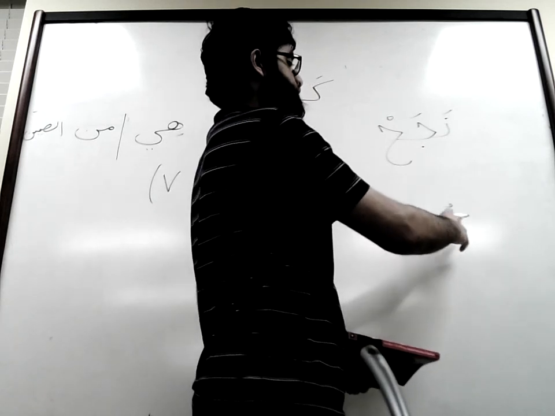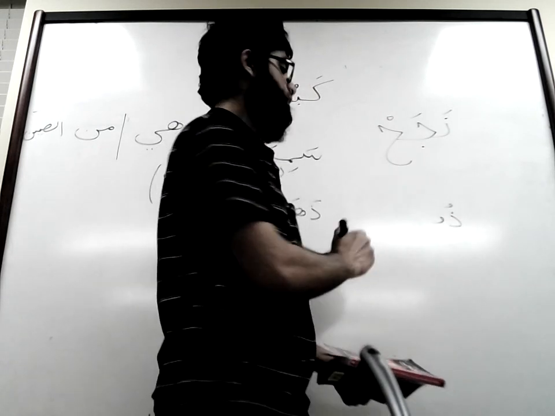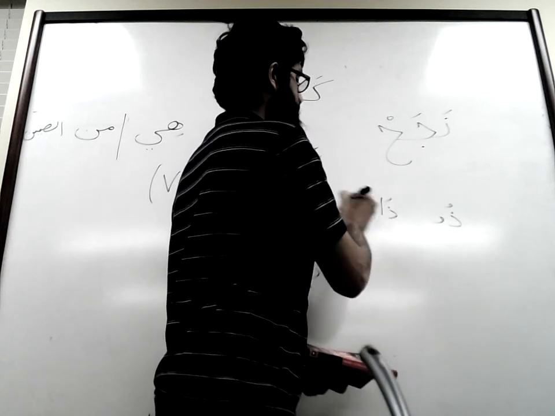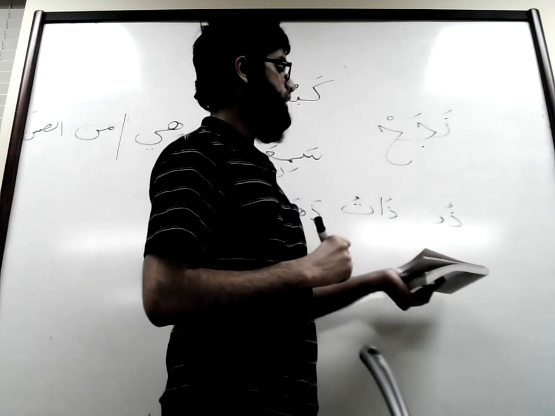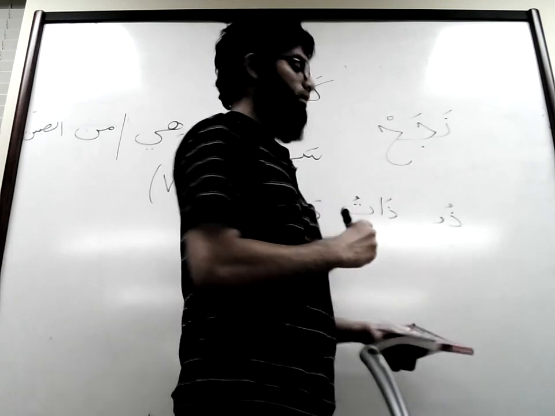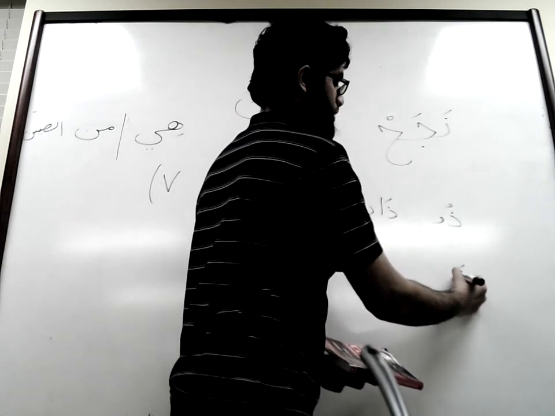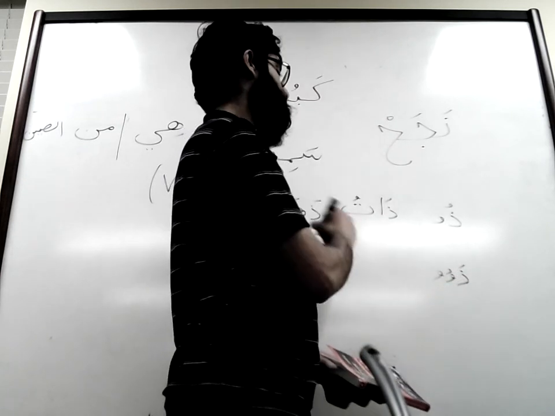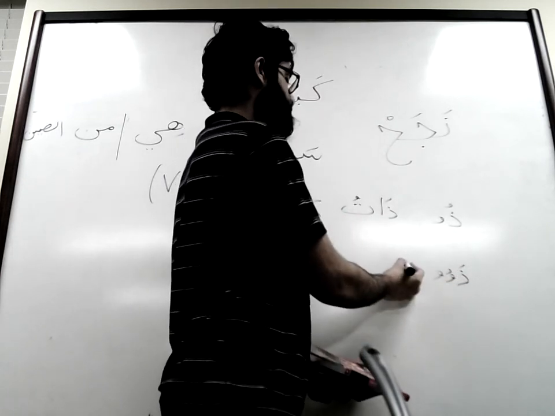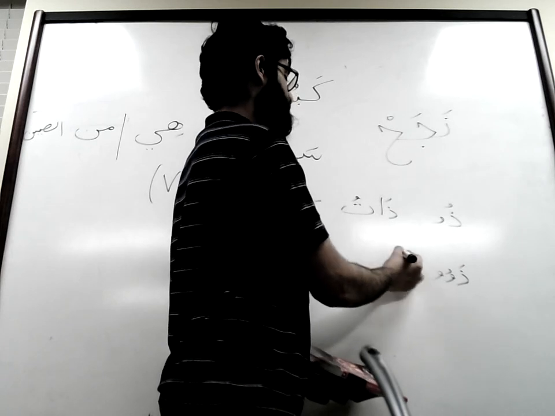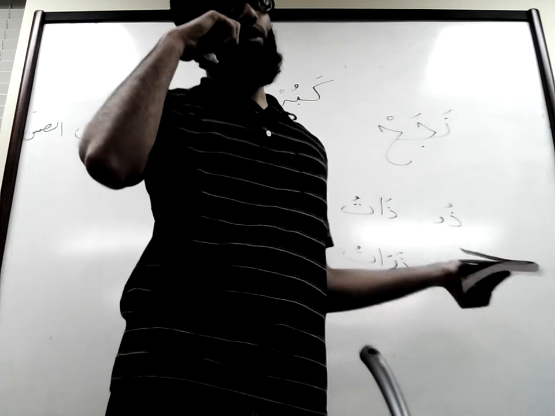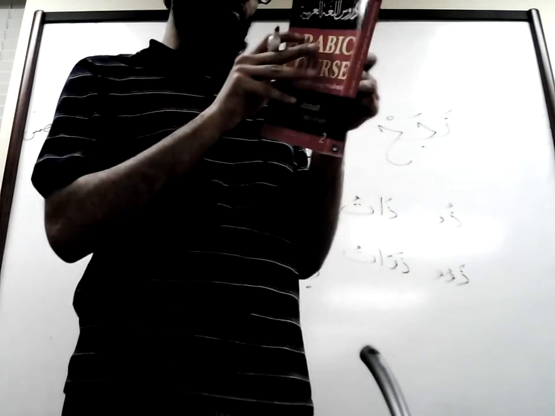What if it's female and single? ذات. What if the owner is plural male? ذو, it's two vowels, one with a dhamma. And for the female plural, ذوات. There's also the same for duals too. We'll learn that.